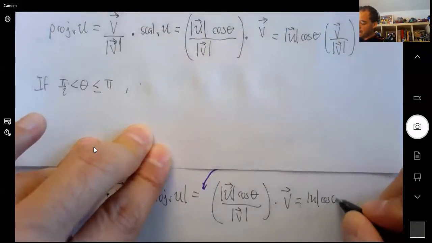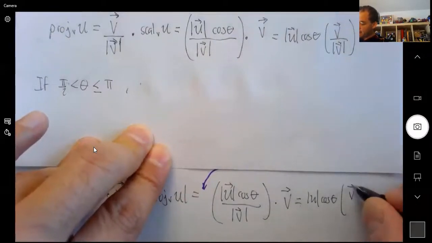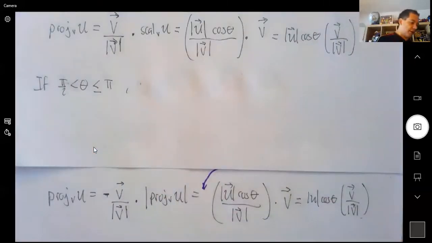For both of these examples, the scalar is simply what you multiply the vector v by. So the scalar is u cosine theta. That's how big the projection vector is, accounting for its sign.